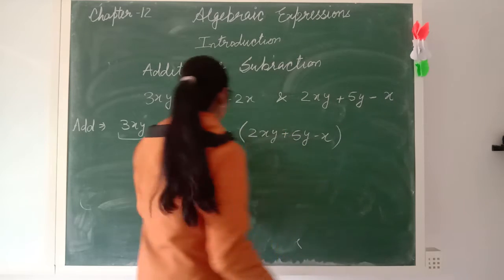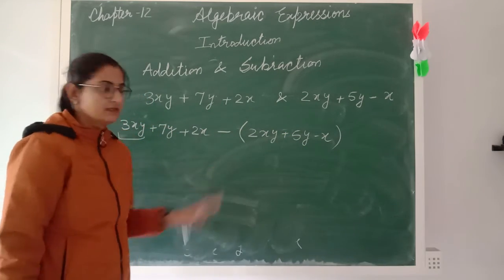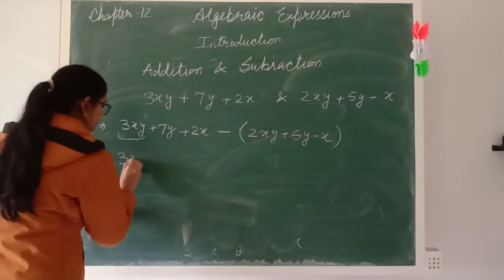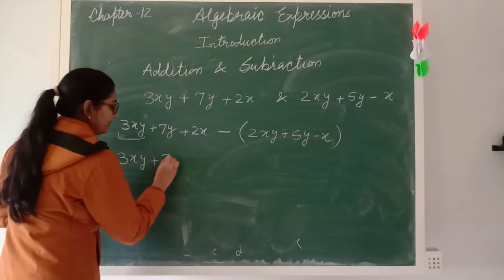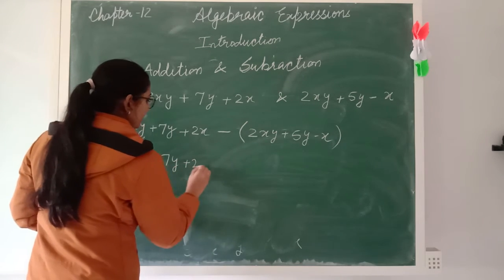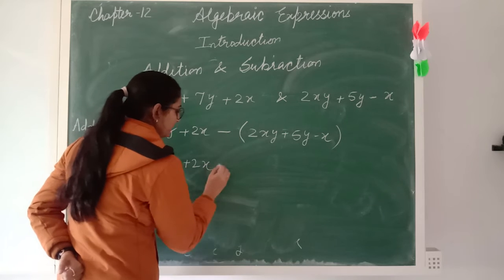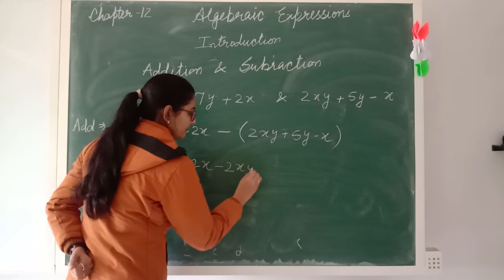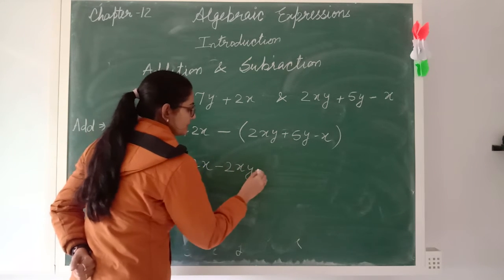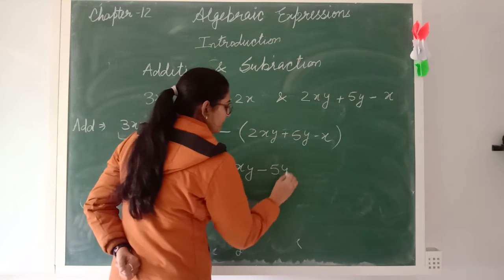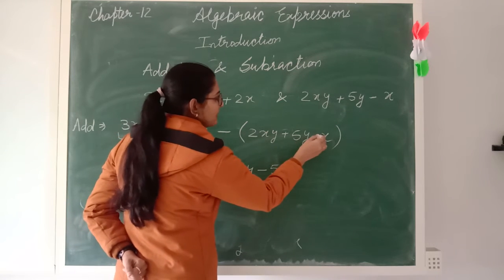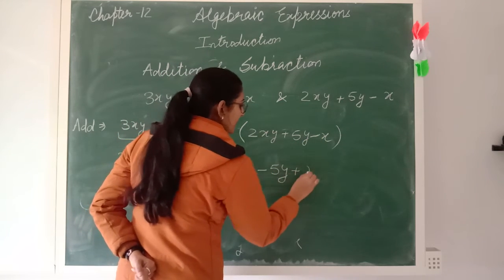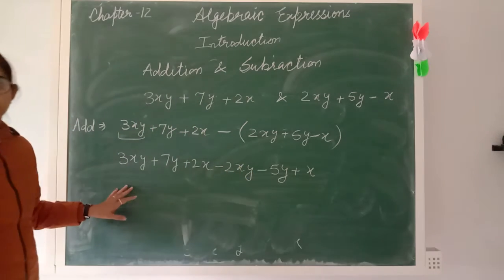Because in subtraction we have to change the sign. So 3xy plus 7y plus 2x and now minus 2xy. This minus converts plus into minus, so minus 5y, and it converts minus into plus, so plus x.